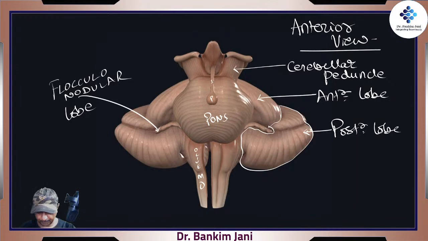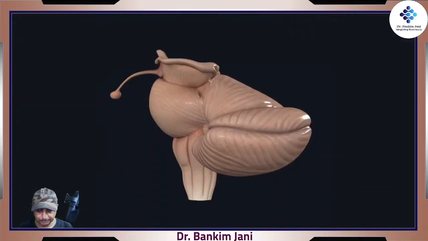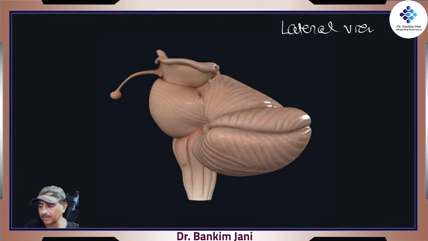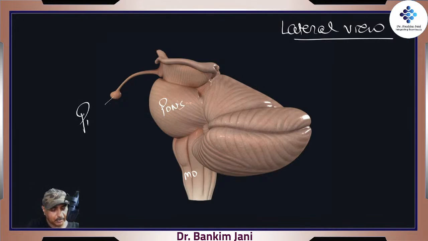Now we change the view. Now we are watching the same structure from the lateral side. So this is our lateral view. Easy. This is just pons, it cannot be anything else. Medulla oblongata, olivary nucleus, that's fine. This is pituitary gland.